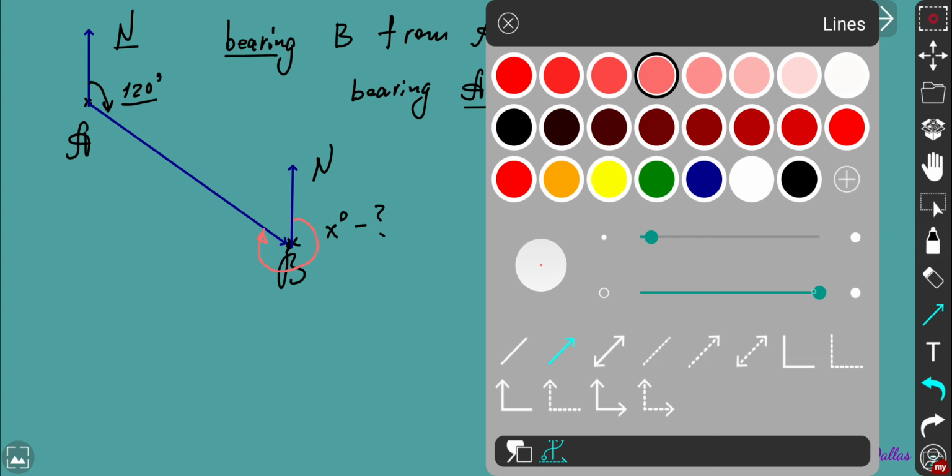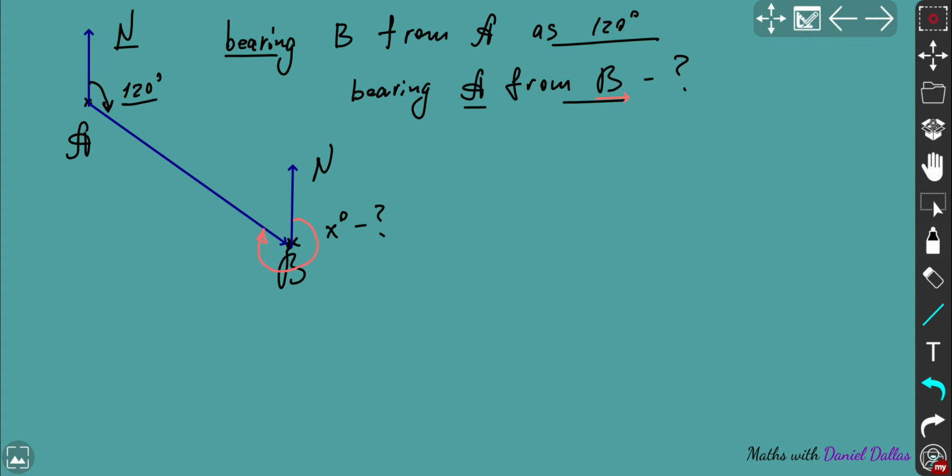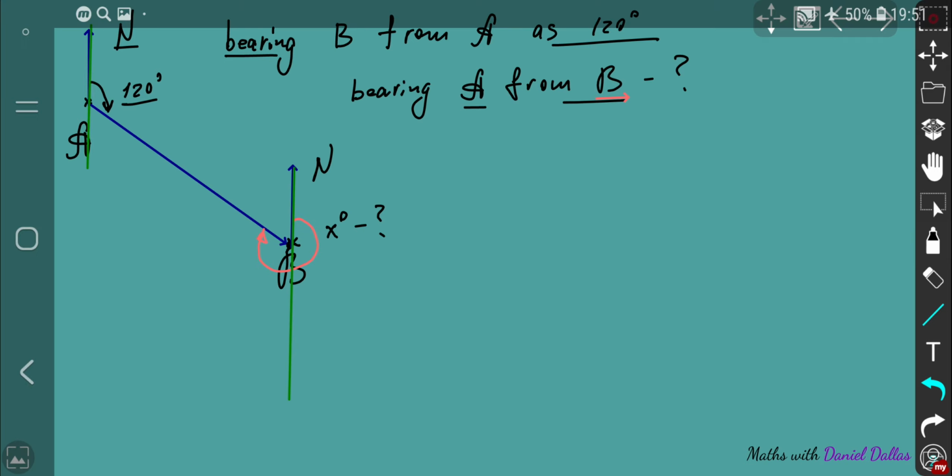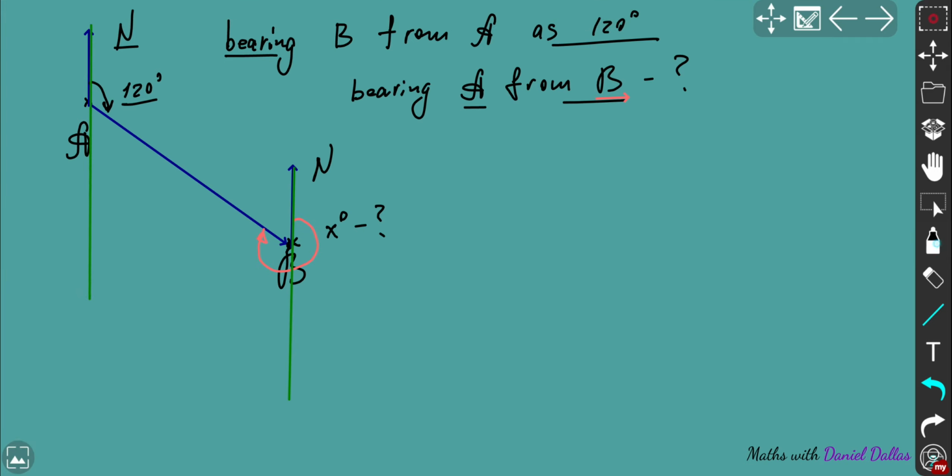You need to use the theorem about parallel lines that go through initial point B and your final destination point A. So if you set up two lines parallel to the north direction, going through point A and point B, you can use the theorem about alternate angles.